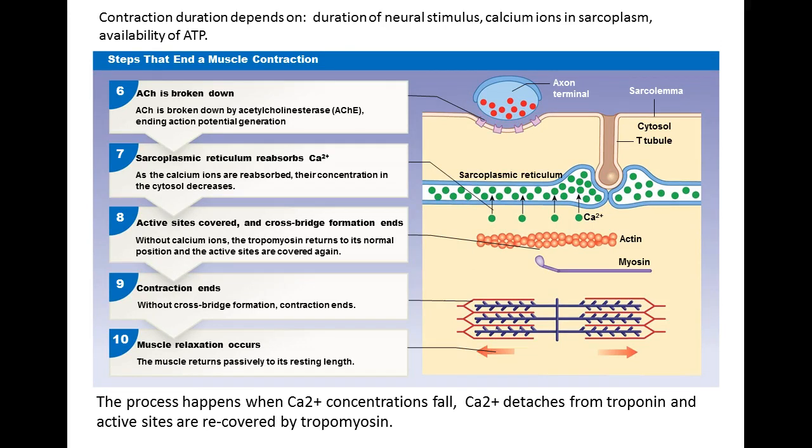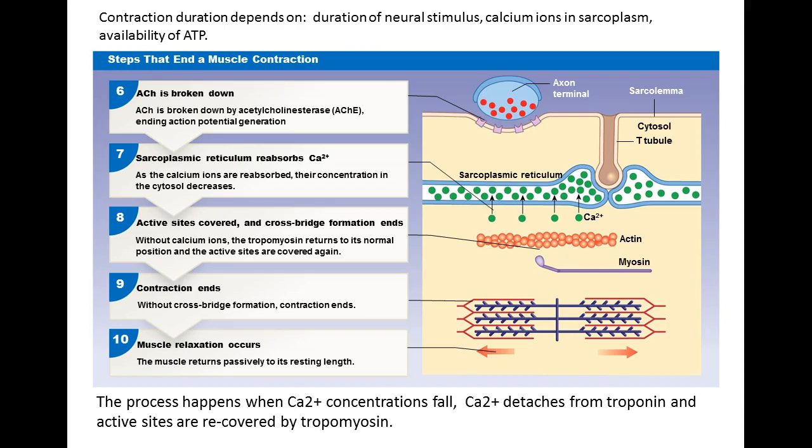The acetylcholine is broken down by the enzyme acetylcholinesterase, which ends that permeability. Calcium is reabsorbed into the T-tubules, so it goes back into the sarcoplasmic reticulum.